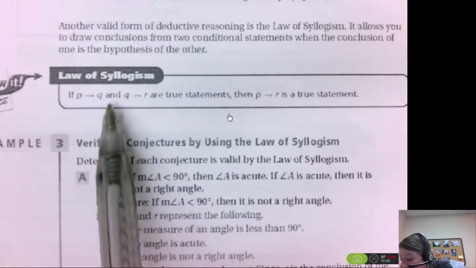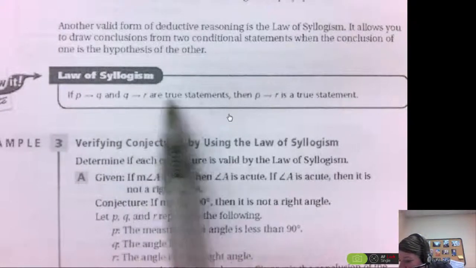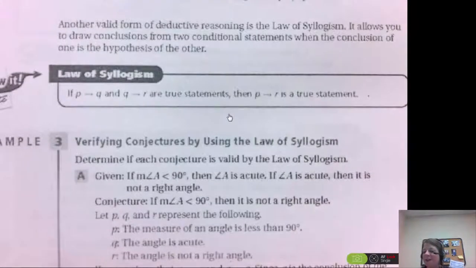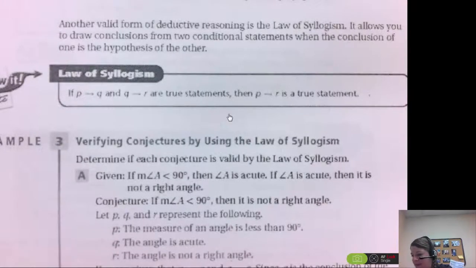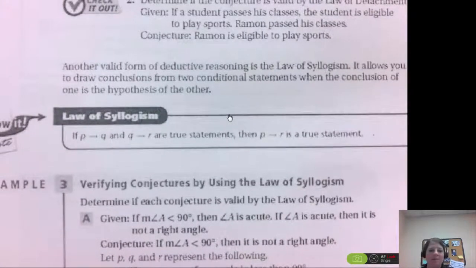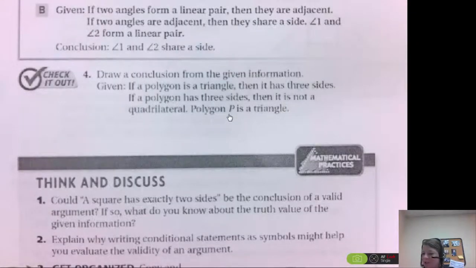Then you assume P implies Q and Q implies R are true statements, then P implies R is a true statement. So it's basically saying, if P goes to Q and Q goes to R, well then P has to go to R also. So that's the logic through the law of syllogism. I should know, but I don't think I've heard that word in many, many years.